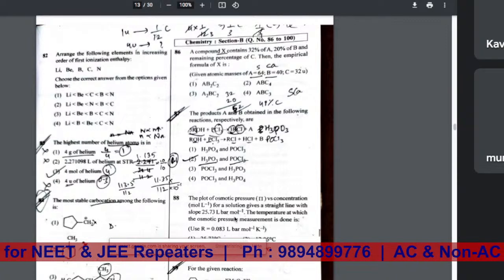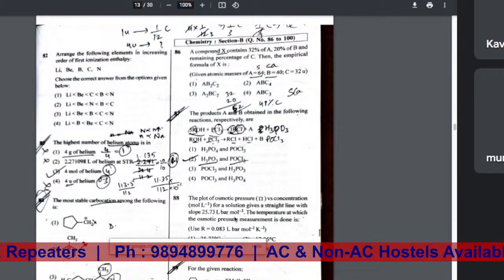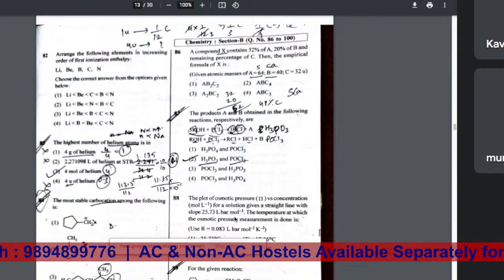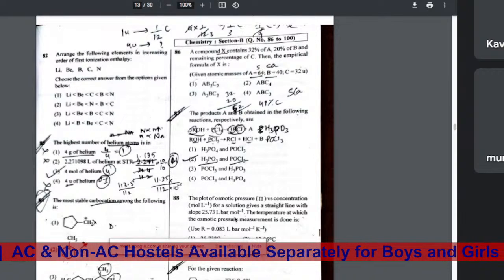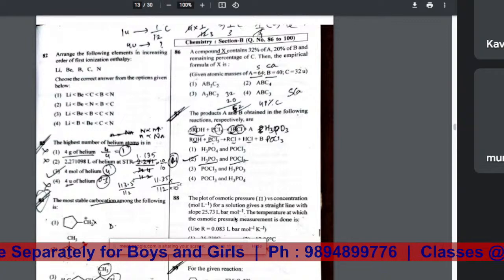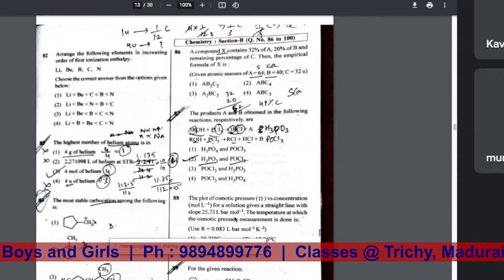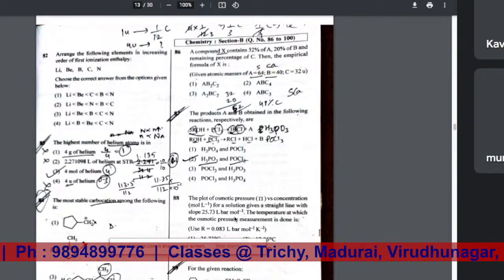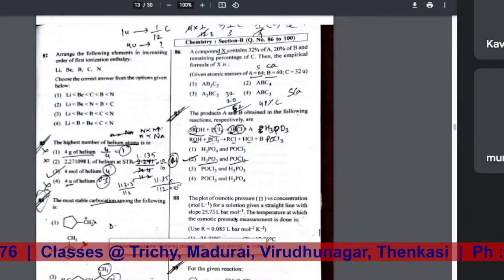B is 20%, 20 divided by 40 is also 0.5 moles. C is 48 divided by 32, which gives 1.5 moles. So A 0.5 mole, B 0.5 mole, C 1.5 mole.